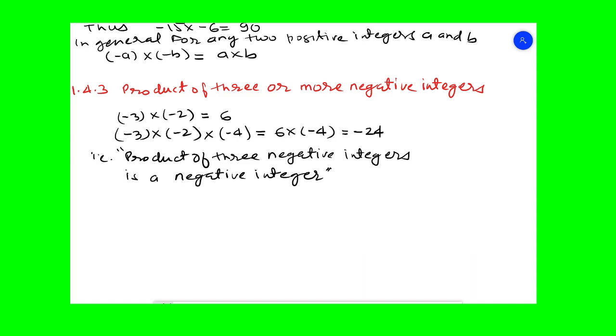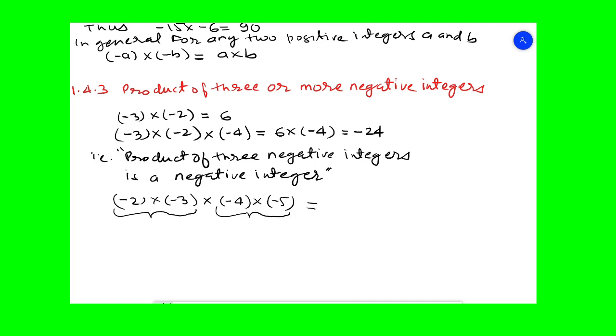Now we go to product of 4 negative integers. Minus 2 multiplied by minus 3 multiplied by minus 4 multiplied by minus 5. So what we do, we take these two and again we take these two.